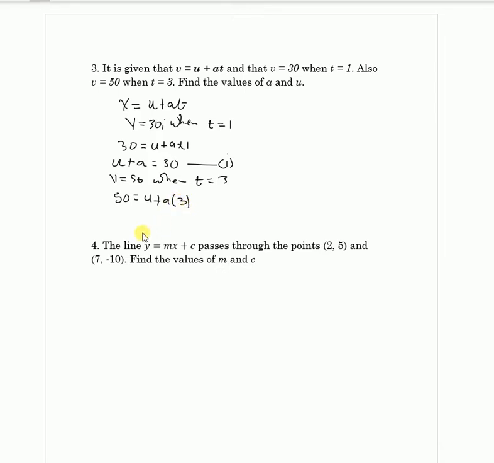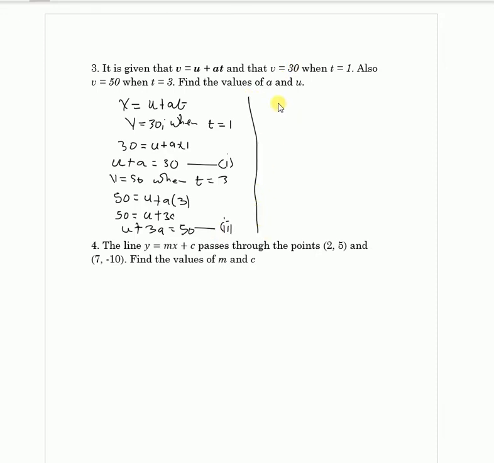So substitute t equal to 1, v equal to 30, then also substitute when t is 3 and you get 50. So you have that 50 is equal to u plus 3a. I can turn this equation around and I have that u plus 3a is equal to 50. Then I call this one equation number 2.